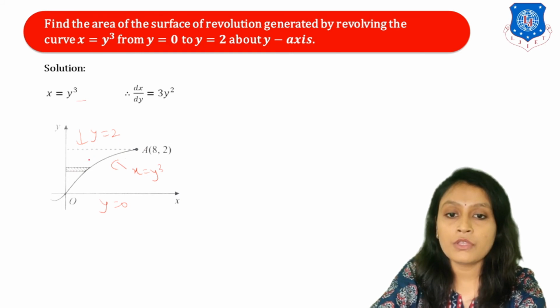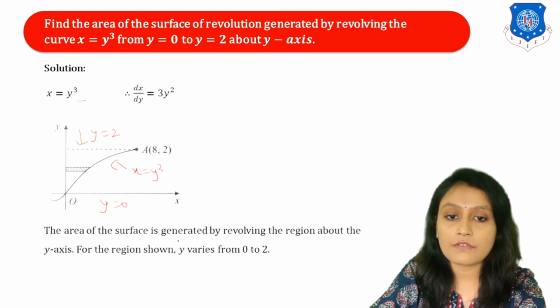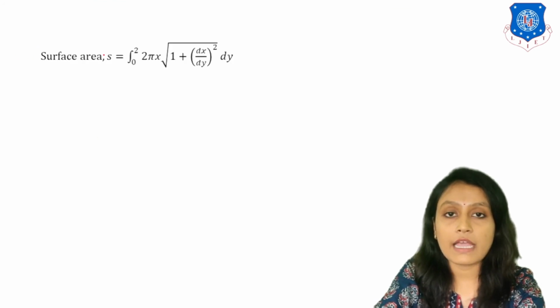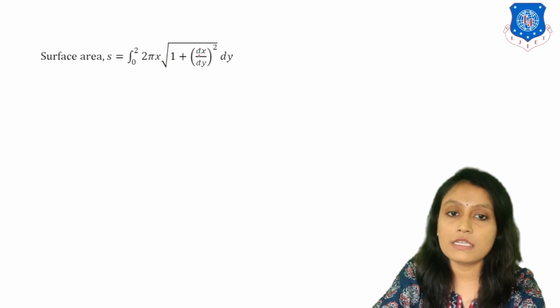So you can see that the area of a surface is generated by revolving the region about the y-axis. For the region shown, y varies from 0 to 2. Now the surface area S is given by the formula integration 0 to 2 2 pi x under root 1 plus (dx by dy) whole square dy.